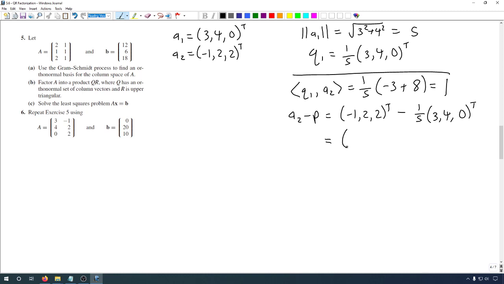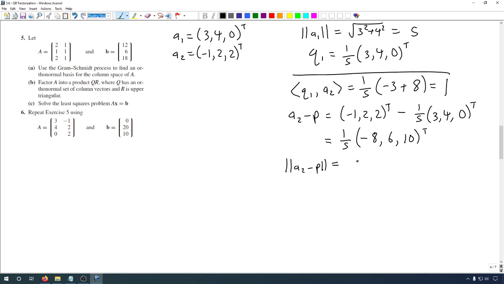We get to actually work out what that is, and I guess we're going to have a 1/5 out in front. But then everything else turns into a negative 8, 6, 10. Or, I guess technically we could have pulled out a 2 as well. But the 2 is going to cancel out as we go.